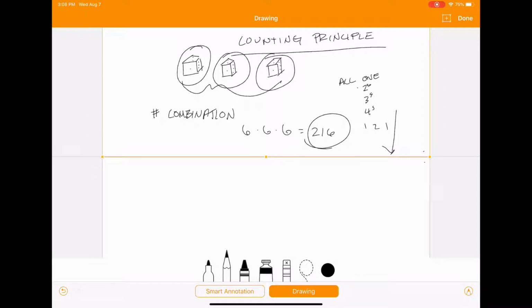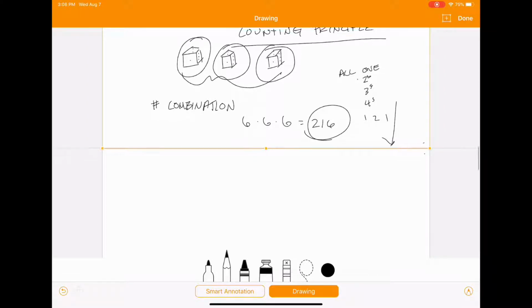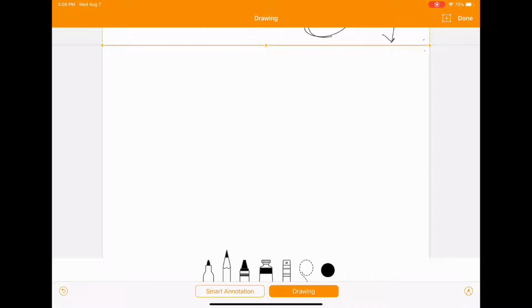So, let's say you've got these fancy dice that have 10 sides. So you've got 10-sided dice, and you have 4 of those 10-sided dice.